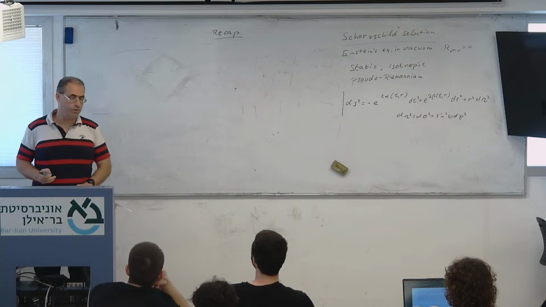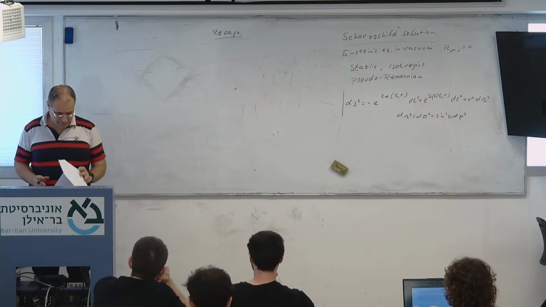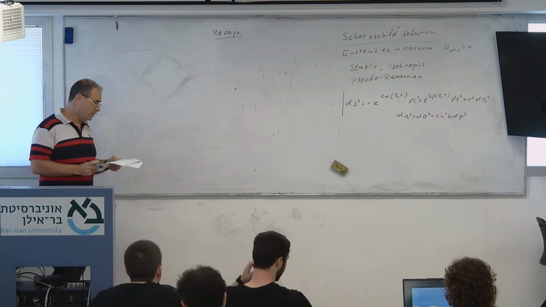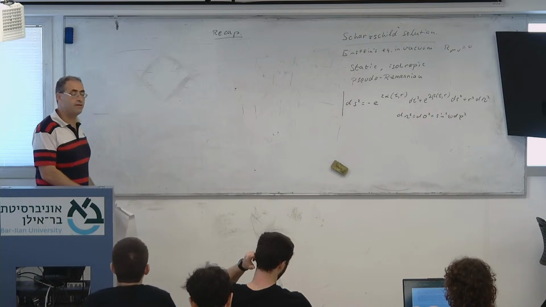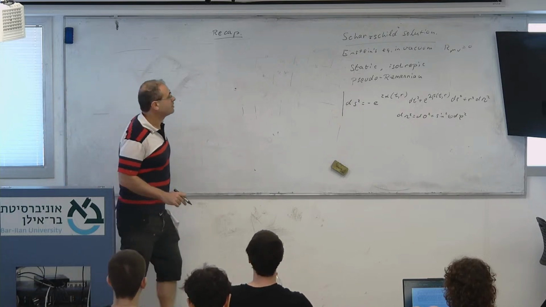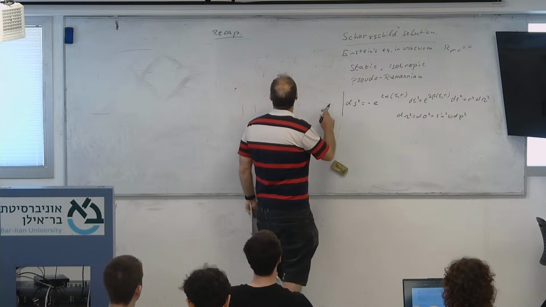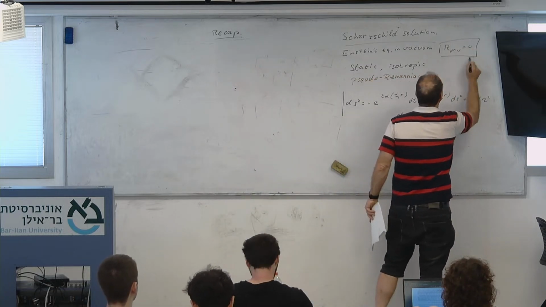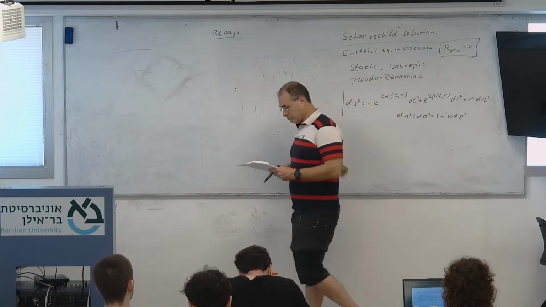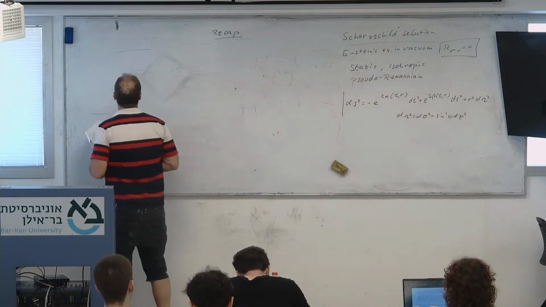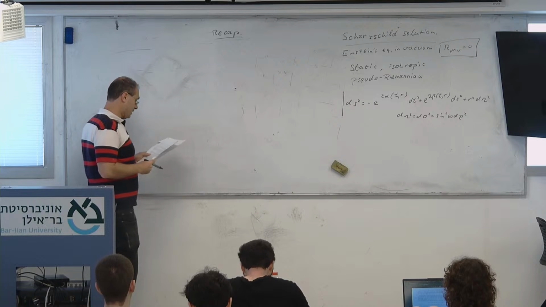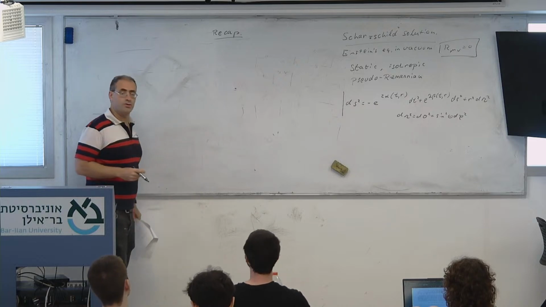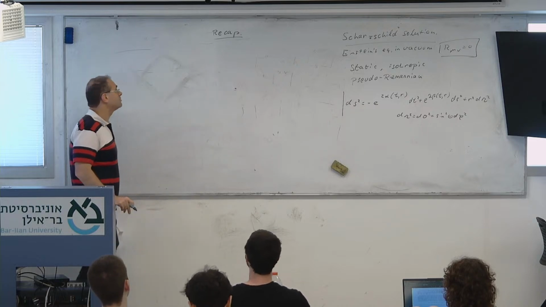Now, if we want to proceed, we don't really have too many options. We have to do it by hand: this is the metric that we got, so now we have to plug it into Einstein's equation. This part is something you can do using Mathematica or your favorite tool.